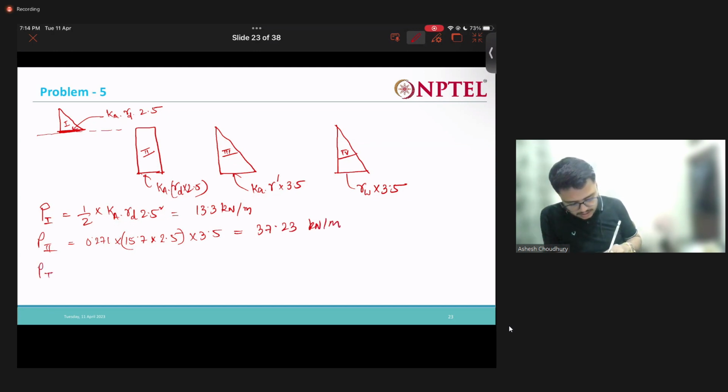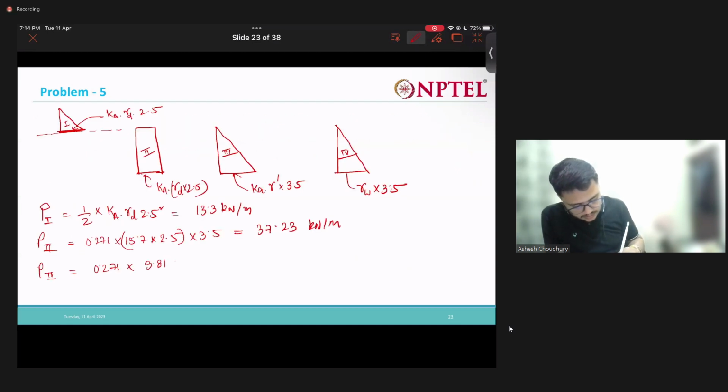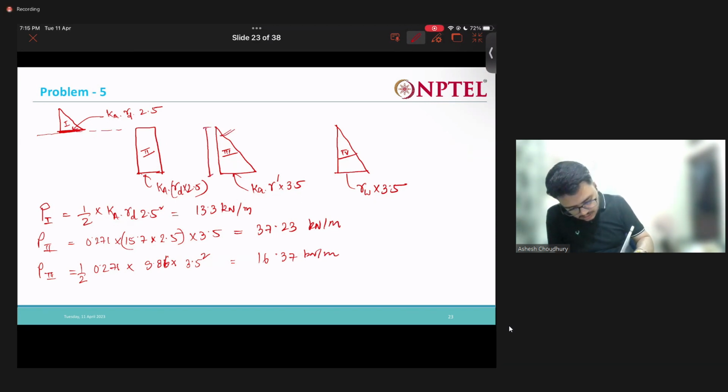Now P3: half into 0.271 into gamma submerged, 9.86, into 3.5 square, which is 16.37 kilonewton per meter. Please check the area of this triangle.